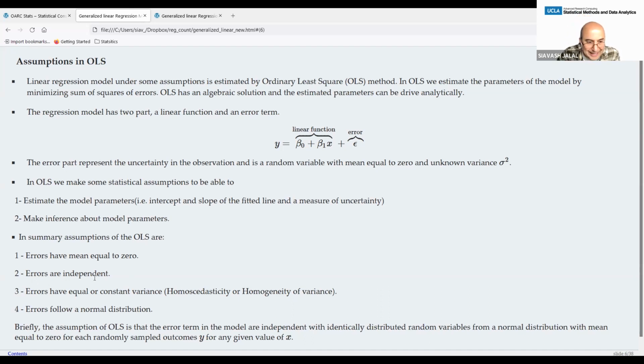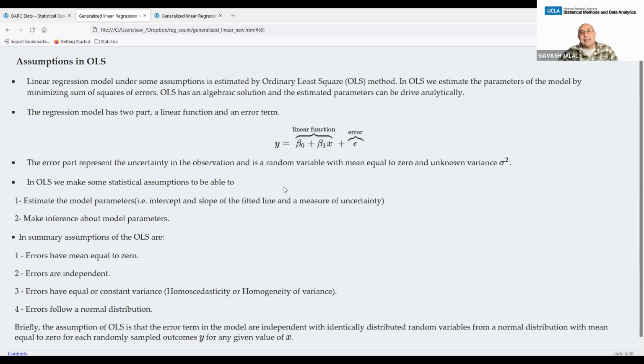Errors are independent. Errors have equal variance. These assumptions are necessary to make the correct inference. Basically, these two assumptions make the variance unbiased, so estimating that variance is also very important. If you don't assume they are equal, then it's very hard to calculate that, and that affects the standard error of your estimate.